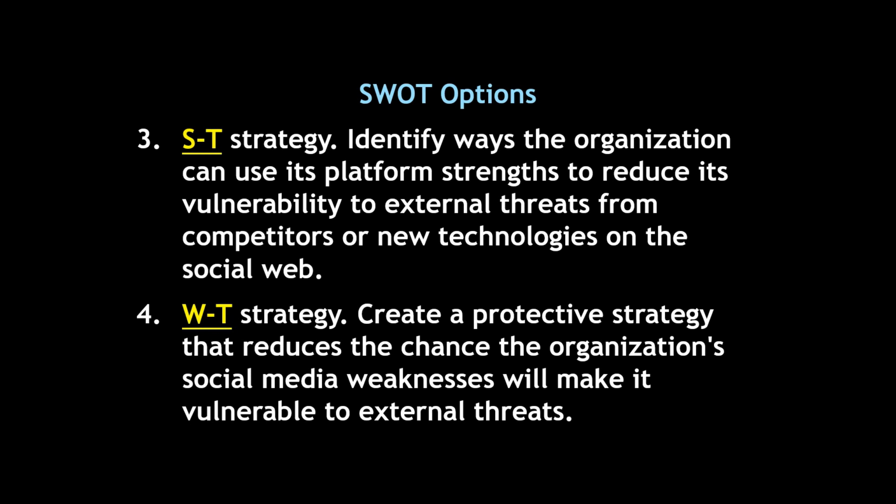Identify ways the organization can use its platform to reduce its vulnerability to external threats from competitors or new technologies on the social web. And then there is the WT strategy, the weaknesses-threats strategy. Create a protective strategy that reduces the chance the organization's social media weaknesses will make it vulnerable to external threats.